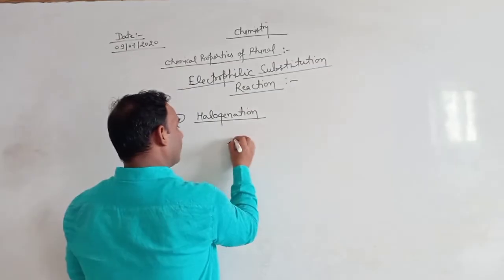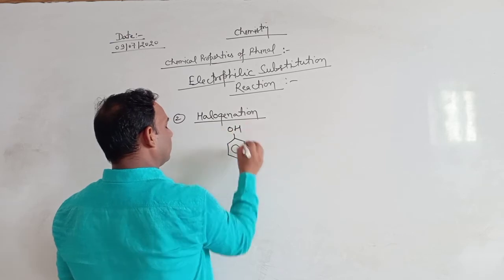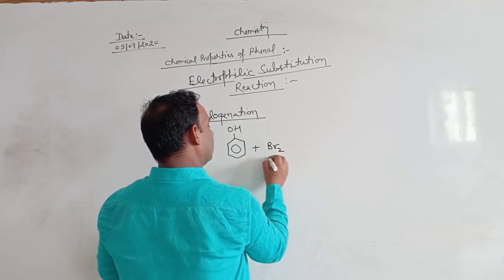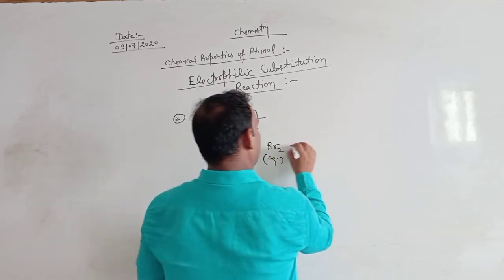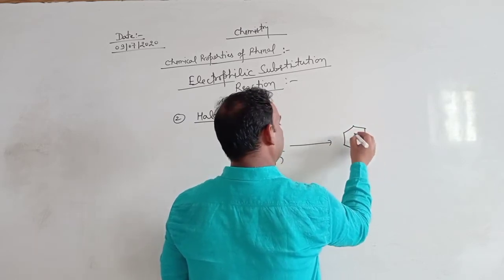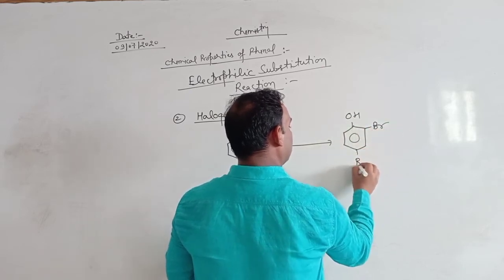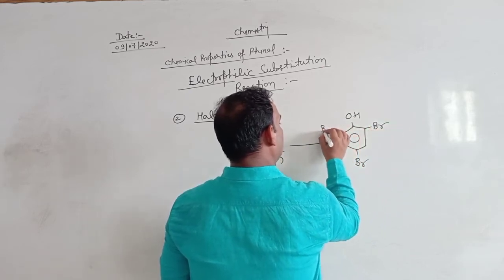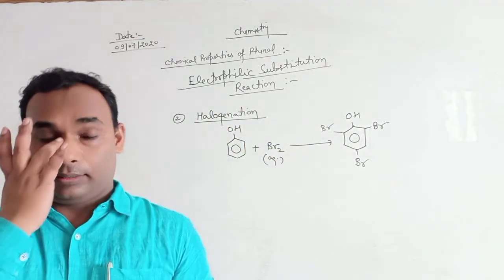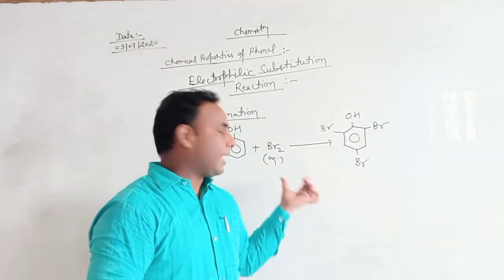Similarly, when phenol reacts with bromine, aqueous bromine, then we get 2,4,6-tribromophenol. This is a very fast reaction. It occurs only in the presence of aqueous bromine.